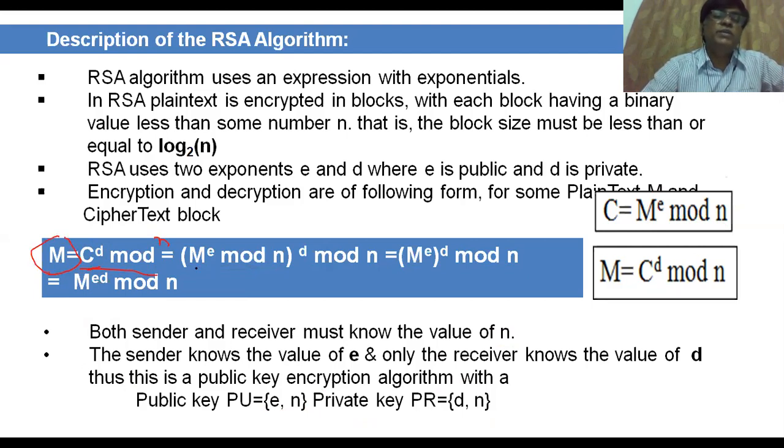The ciphertext equation is this one, the C value. You substitute the C value, mod N. So M power ED mod N gives the plain text.